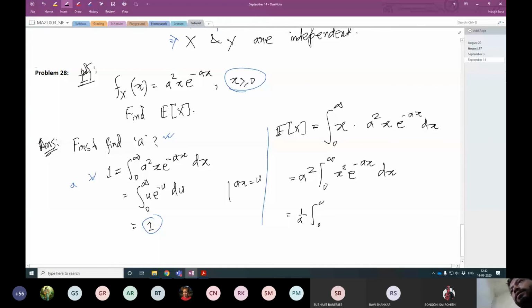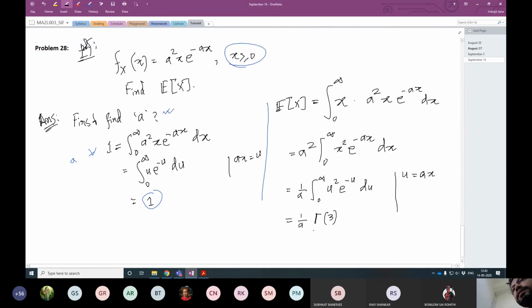Standard substitution, I am taking u equal to ax. So finally, this is going to be 1 over a times gamma 3. And gamma 3 is 2 factorial, which is 2. So it is 2 over a.